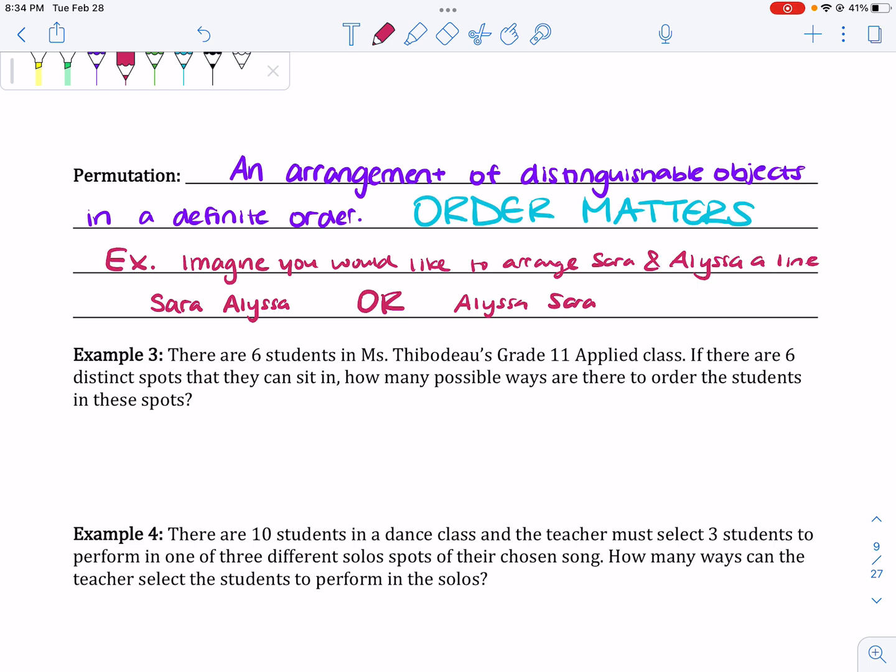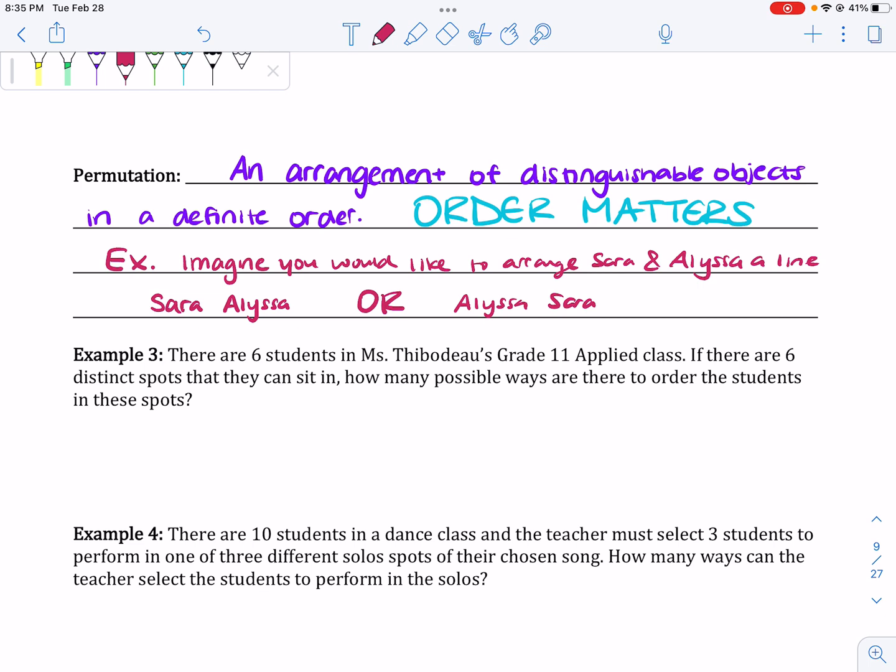Okay, we're going to take a look at some examples. In the examples, we are going to find that a lot of them will fall into the category of the fundamental counting principle. And remember, for the fundamental counting principle, we said we would draw lines. And the number of lines that we draw depends on the number of choices that we have.